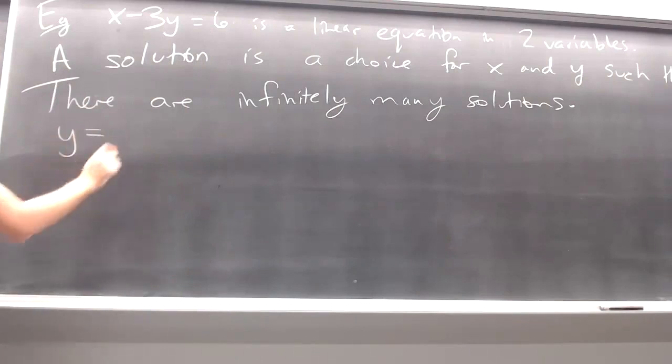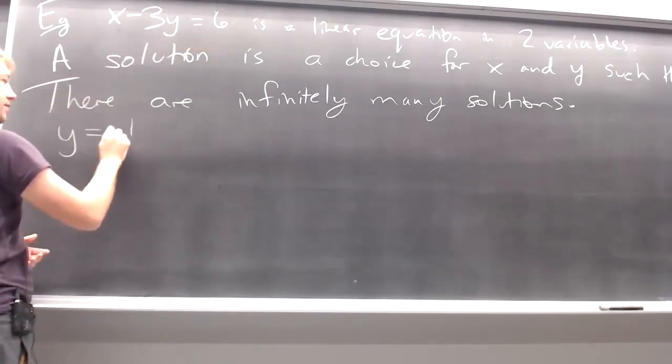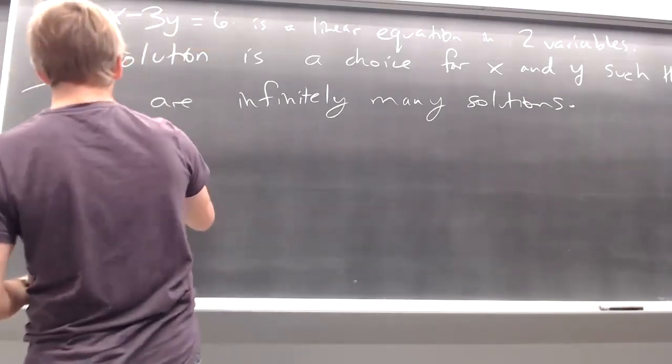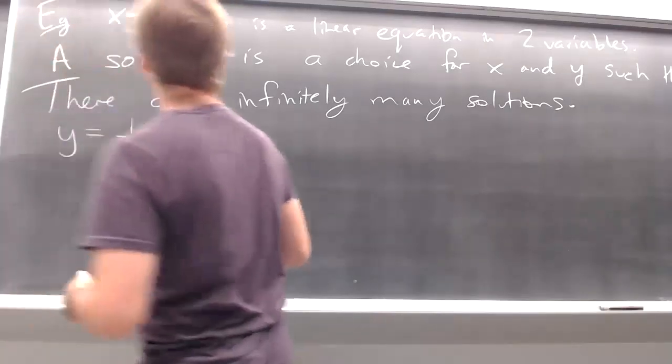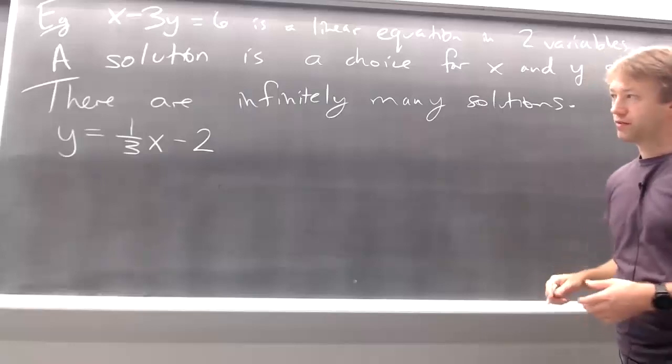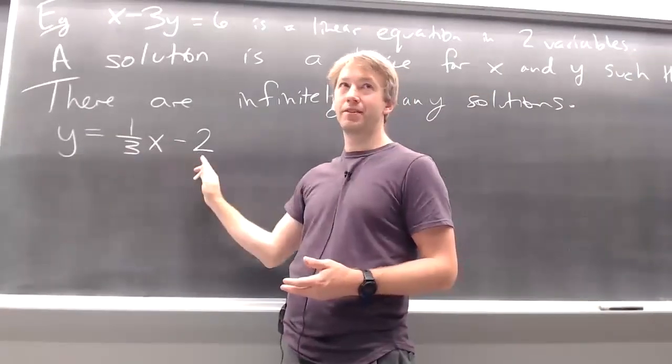So just a bit of a review. If I was to graph the solutions, if I solve for y here, I've got that y is 1/3 x minus 2, I think. Right? So this is the slope and the y-intercept, right?